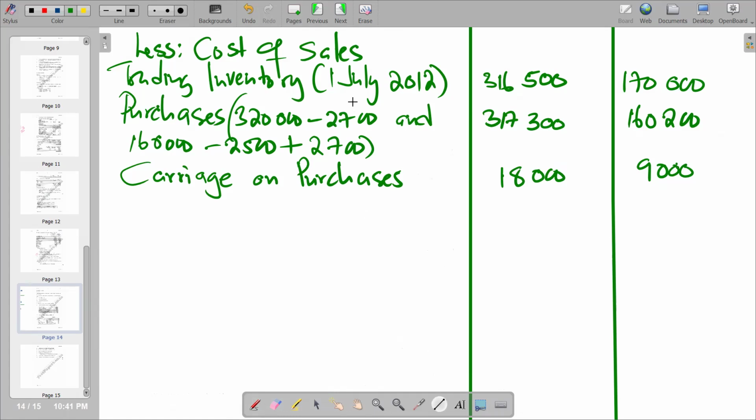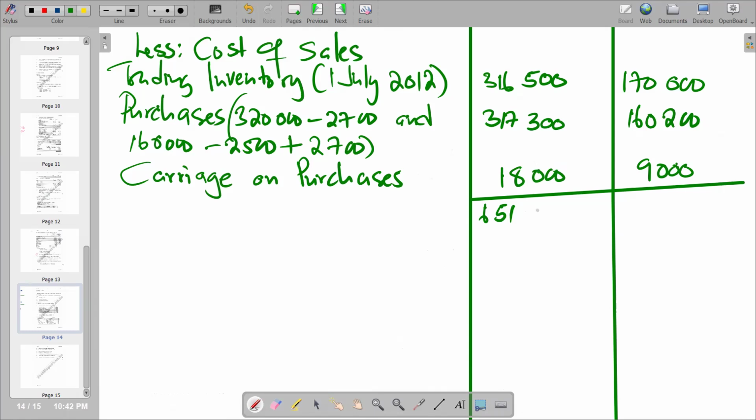With that, we can now close there and add to get the total. We are saying opening inventory plus purchases plus carriage inwards, which is carriage on purchases. So in the first column, if you say 316,500 plus 317,300 plus 18,000, you're going to get 651,800.